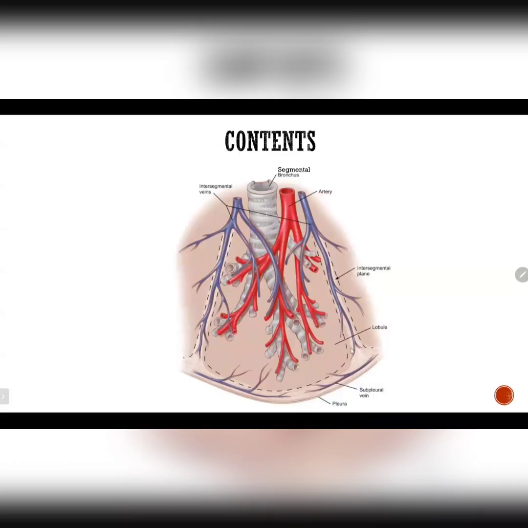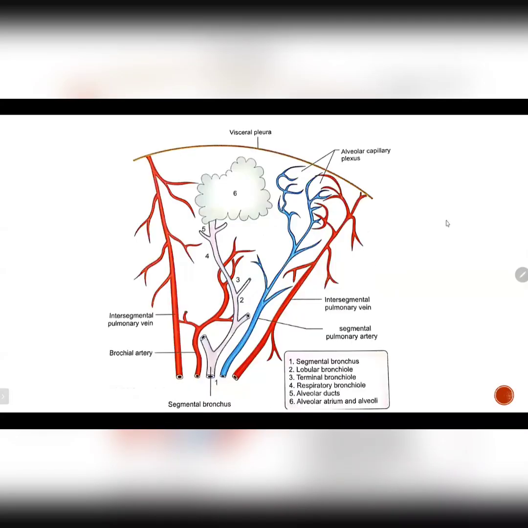Within the intersegmental plane, what passes through are the intersegmental veins. You should know this point clearly. In the intersegmental plane, what is present are the veins, whereas inside the bronchopulmonary segment, the artery and bronchus are present. This is a diagram given in your textbook. This is the segmental bronchus.